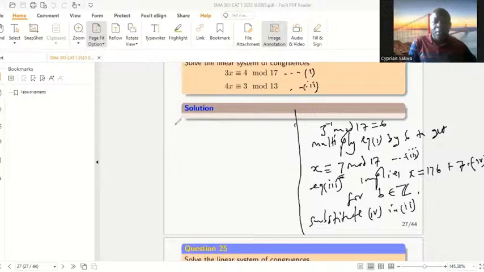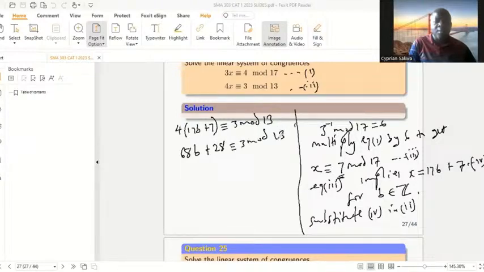Now I want to substitute 4 in 2, and I have 4x. But x is 17b plus 7, so 4 times that gives 68b plus 28, which is congruent to 3 mod 13.